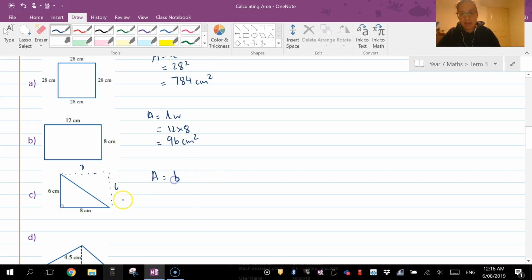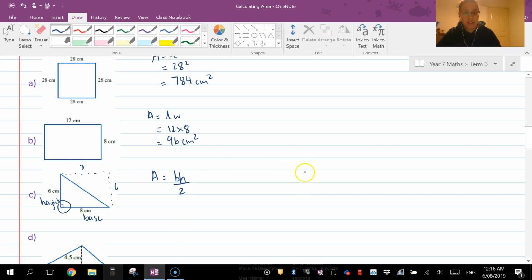You'll notice that there is a right angle symbol here that tells you where the base and height meet. Now base times height will give us this full rectangle here, but we only want half of the rectangle. So we can divide that by 2.